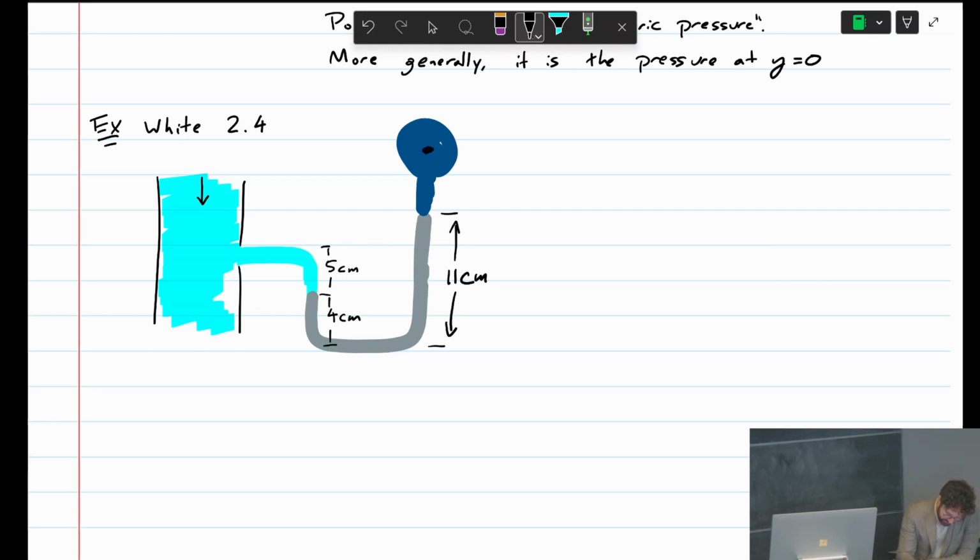Okay, and then I'll take a point there, 6 centimeters. So the fluids here have three different densities.